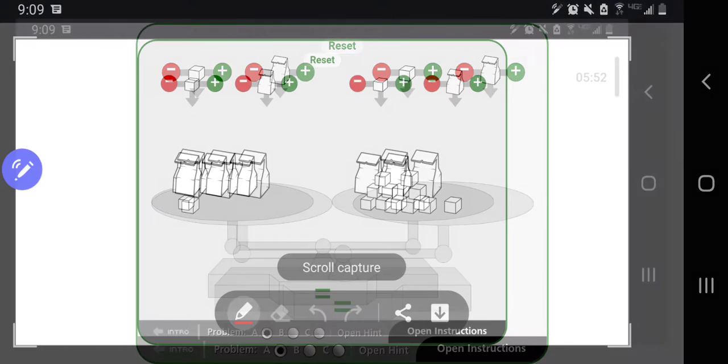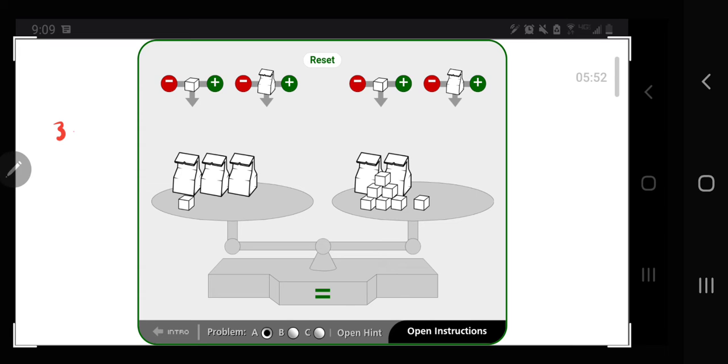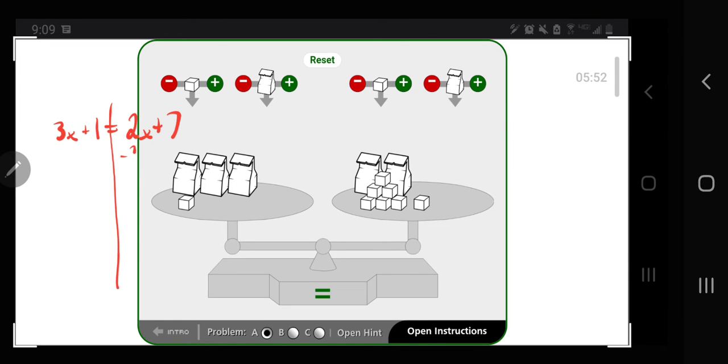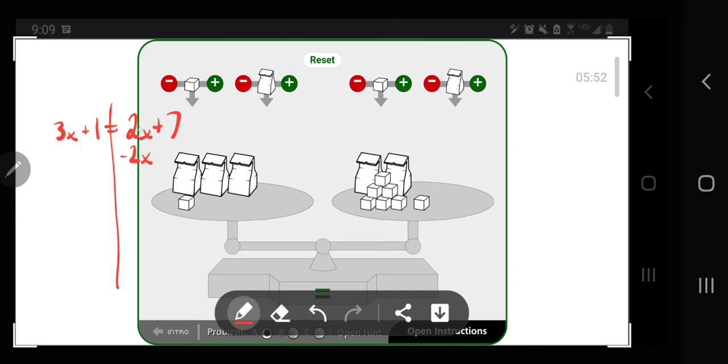If we write this algebraically, I got 3x plus 1 equals 2x plus 7. All right? 3 bags plus 1 block is the same as 2 bags and 7 blocks. Let's try to draw this out algebraically. So we took away two bags to start, or 2 unknowns to start.